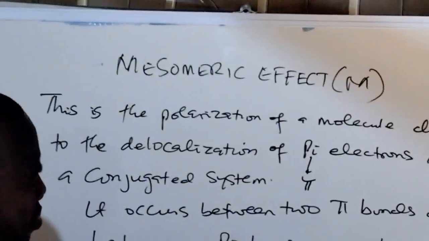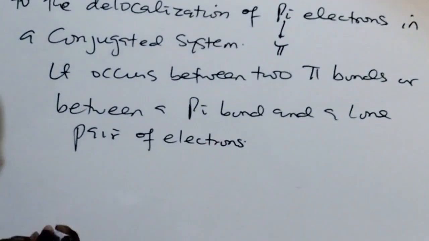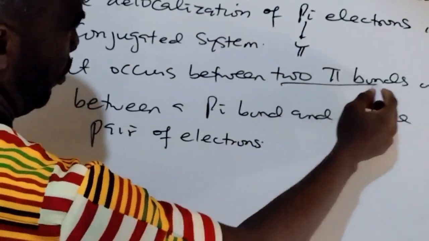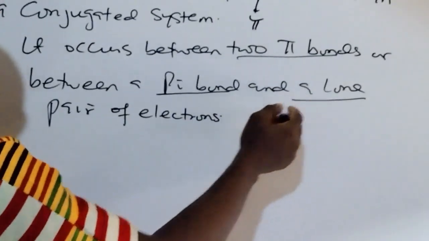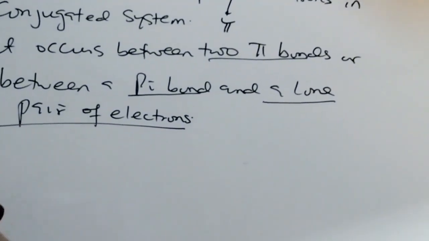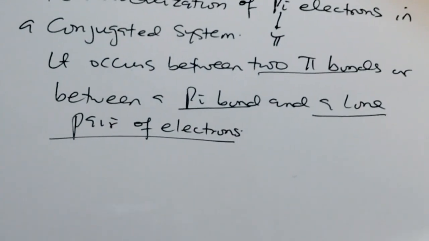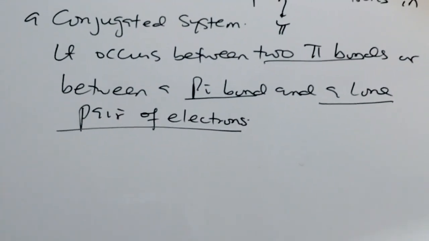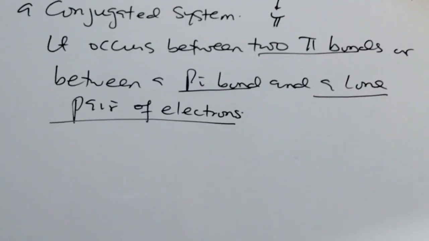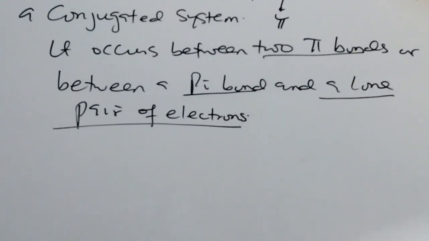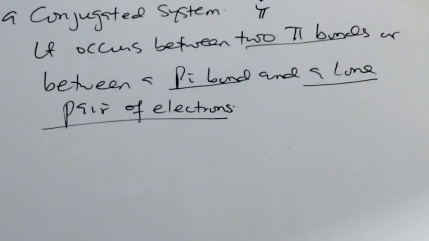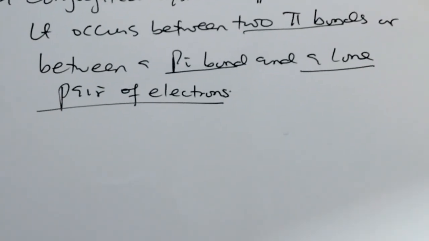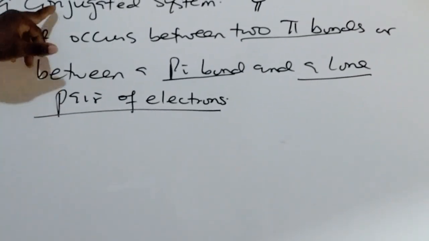So for us to talk about the mesomeric effect, it must occur either between two pi bonds or between a pi bond and a lone pair of electrons. It does not occur in sigma bonded compounds with only single bonds. And we should also know that it does not occur in just any compound that has a double bond or triple bond. It must occur in a compound that is conjugated.